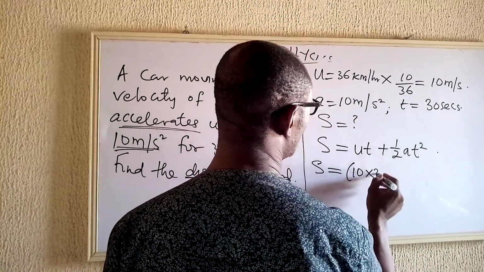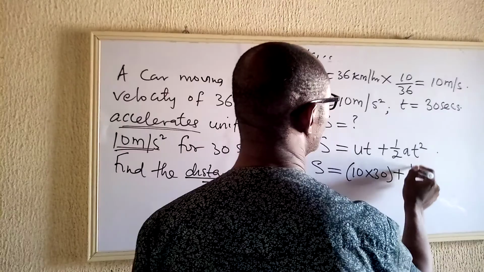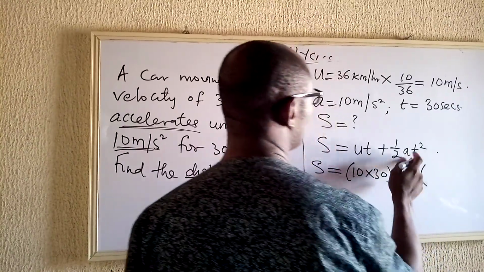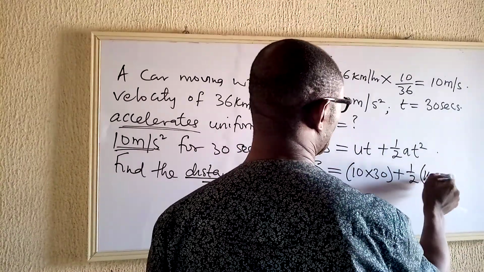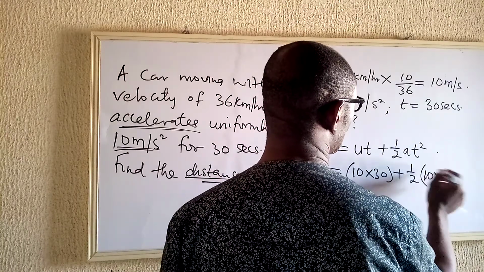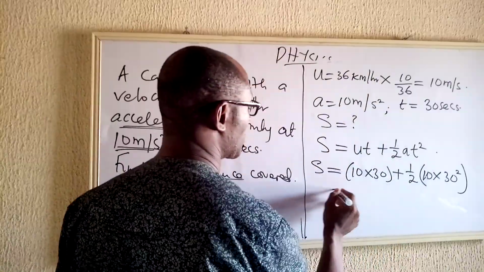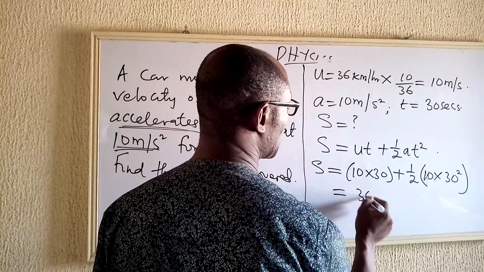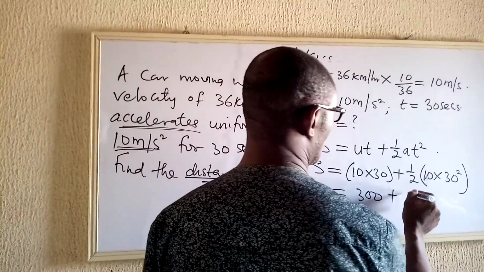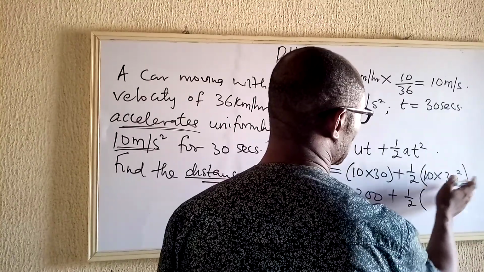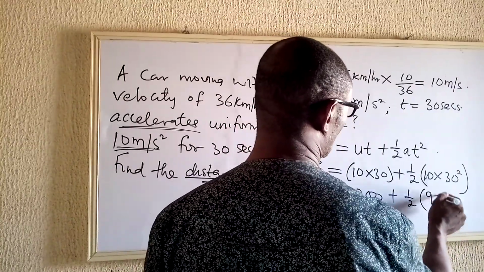times 30, which is time, plus half into bracket a, which is 10, times 30 squared, that is the time given. So this will be 300 plus 1 over 2 into bracket, this will be 9,000.